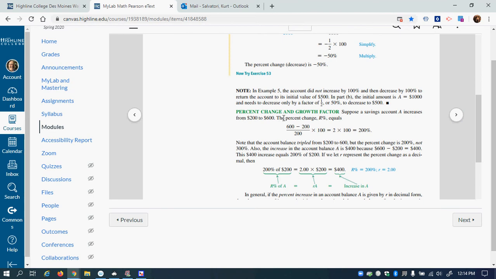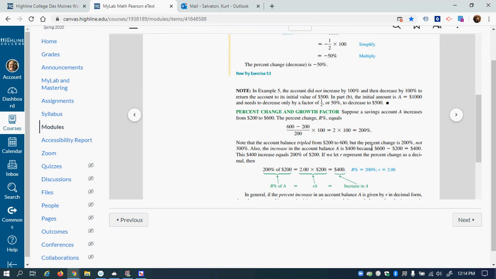The percent change in growth factor. Suppose that a savings account increases from $200 to $600. So again, it's the new minus the old divided by the old times 100, which gives you a 200% increase. Note that the account balance tripled from 200 to 600, because it went from 2 to 4 to 6, so it tripled.